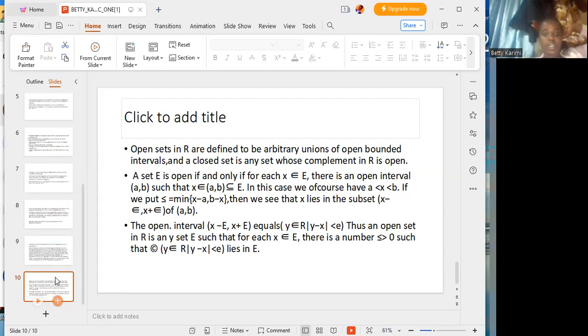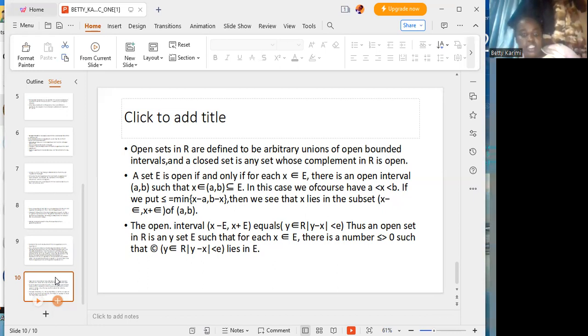If we put epsilon less than or equal to the minimum of x minus a and b minus x, then we see that x lies in the interval (x minus epsilon, x plus epsilon), a subset of (a,b). The open interval (x minus epsilon, x plus epsilon) equals the set of y element of R such that the absolute value of y minus x is less than epsilon.